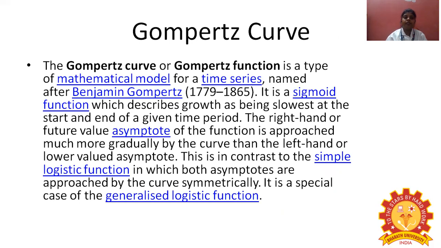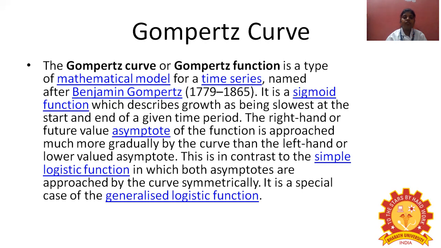Gompertz curve. The Gompertz curve or Gompertz function is a type of mathematical model for a time series. It is named after Benjamin Gompertz, 1779 to 1865. It is a sigmoid function which describes growth as being slowest at the start and end of the given time period.